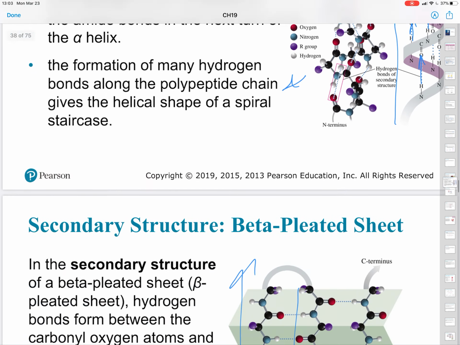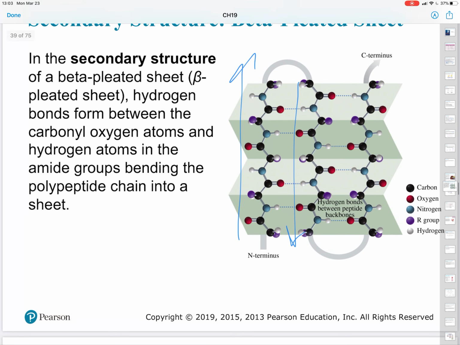That's different than what we see in a beta sheet. In the beta sheet, they are perpendicular to the direction of the chain, whereas the other ones are parallel. So these are to hold chains together rather than to cause the chains to twist. Again, this takes on kind of a zigzag shape, and that's what this is trying to show you.